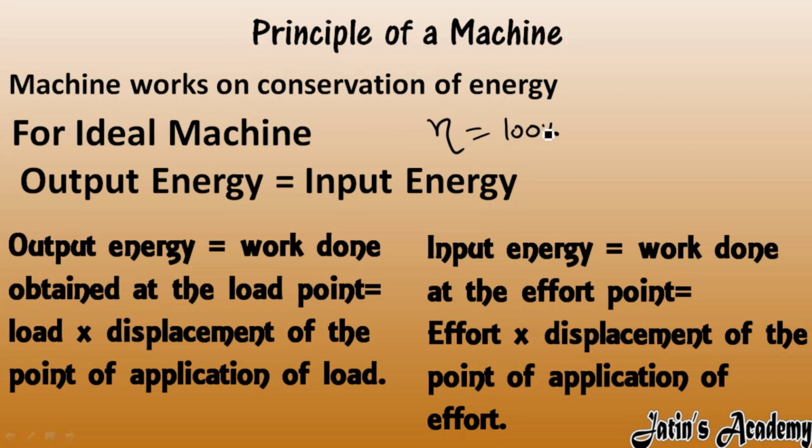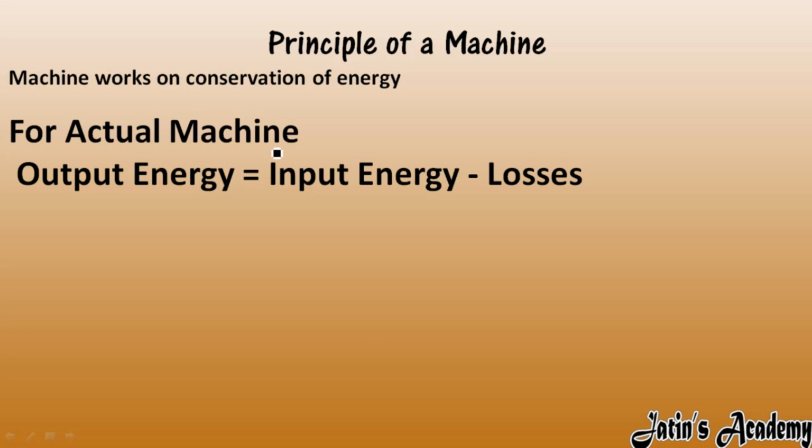For an ideal machine, if we give 100 joule of energy to a machine, then at the load point the whole 100 joule of energy is converted, and we get 100 joule of energy from the machine. But in the case of an actual machine, this is not possible. For an actual machine, output energy is equal to input energy minus some losses.